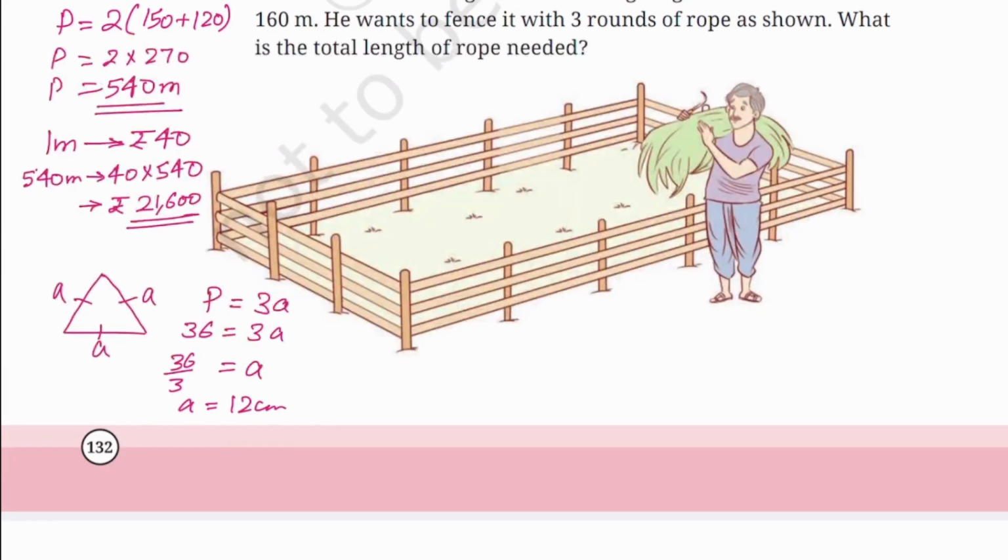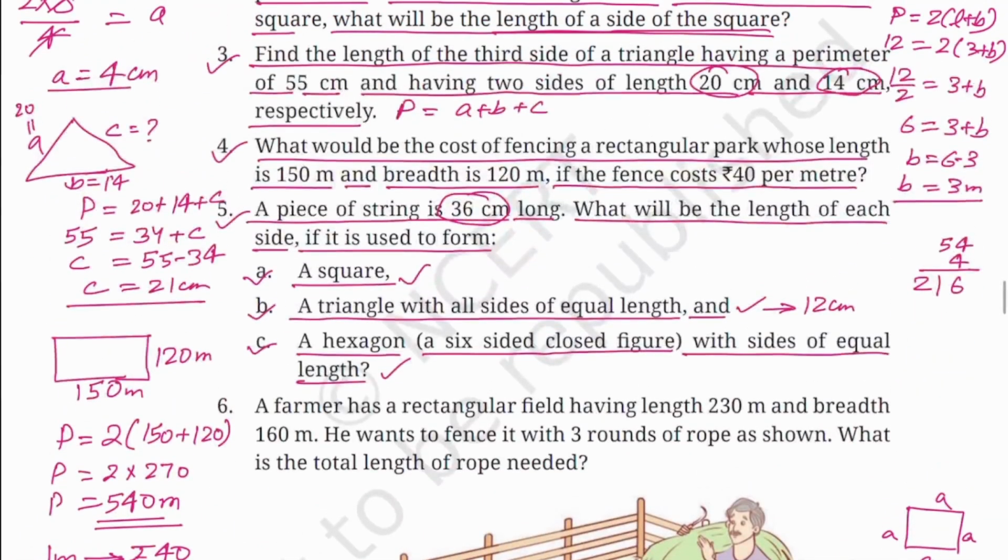For a square whose all sides are equal, perimeter is equal to 4a. Since length of string is 36 centimeter, side length of the square will be 9 centimeter. That will be the answer for A.